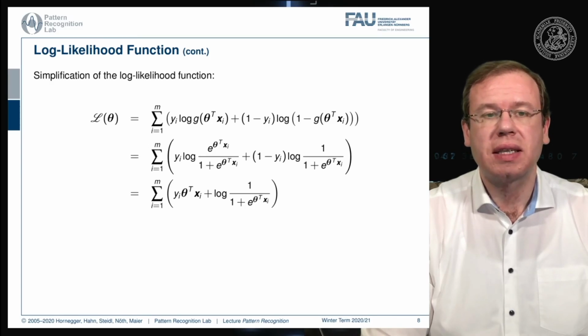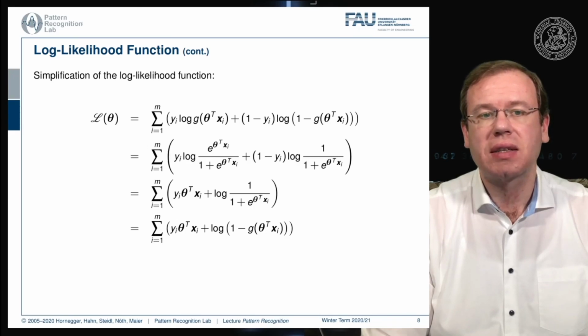But you can see that if I look closely, we essentially have again the same formulation as previously, so we can move it back to the logistic function and we get the logarithm of 1 minus logistic function theta inner product xi.